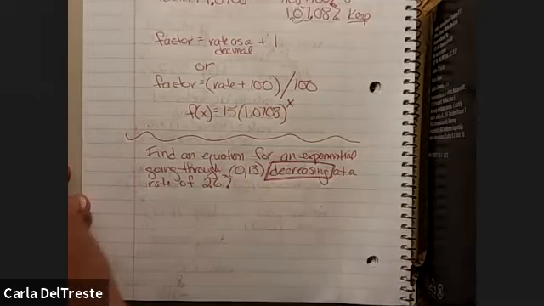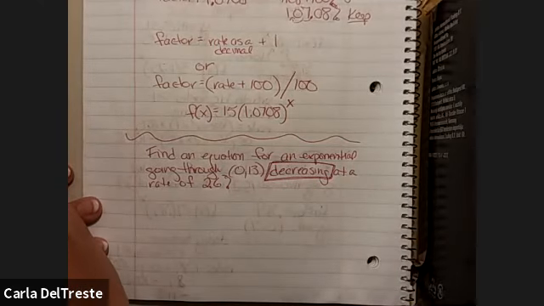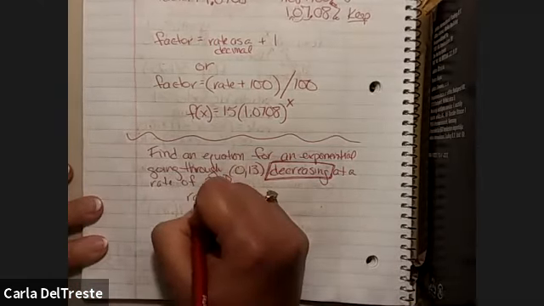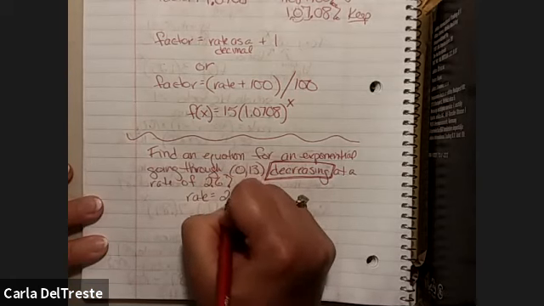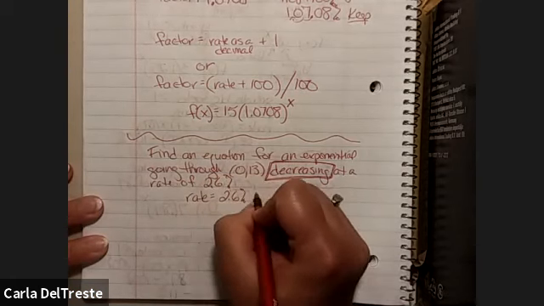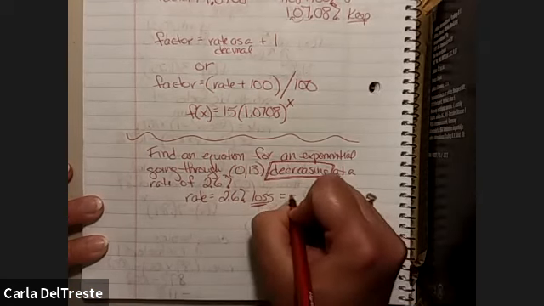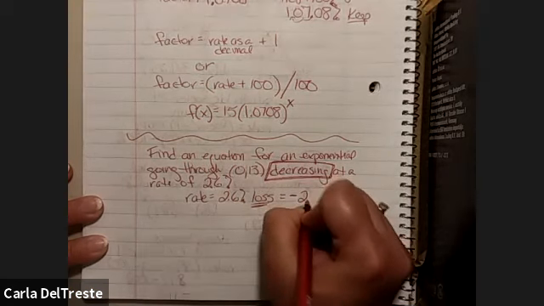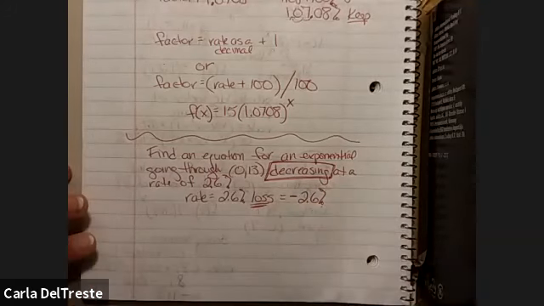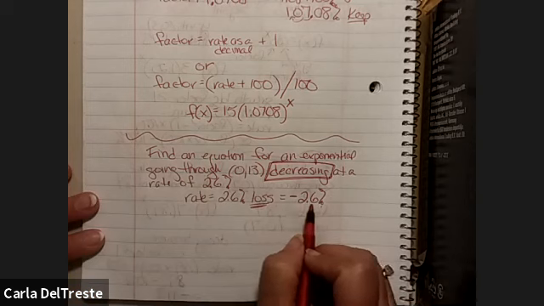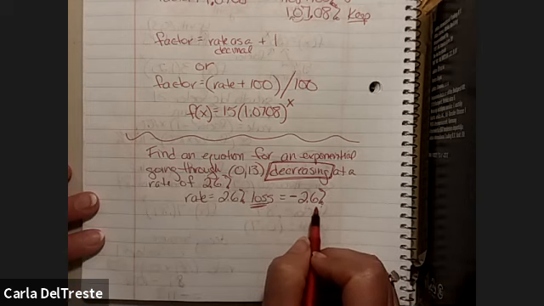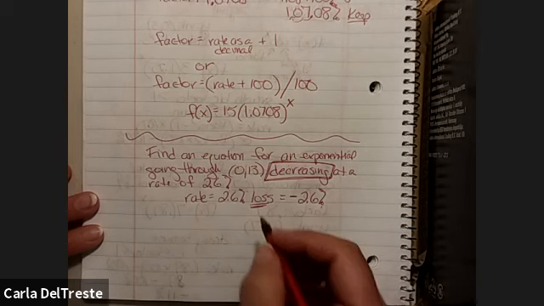This is decreasing. This is decay. So if the rate is 2.6% loss, that's another way of saying negative 2.6%. What is this a negative from? What is this being taken away from? It's being taken away from an original 100%.